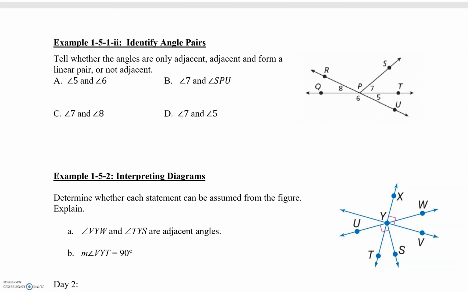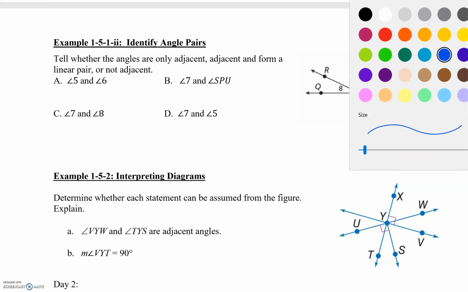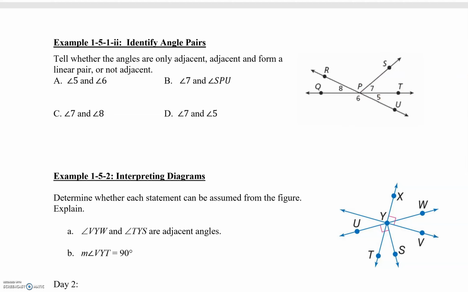Okay, tell whether the angles are only adjacent, adjacent and a linear pair, or not adjacent. Okay, so let's label with kind of our colors here. 5 and 6. Together, those form a line, a linear pair. So we're going to go ahead and put adjacent and linear pair.